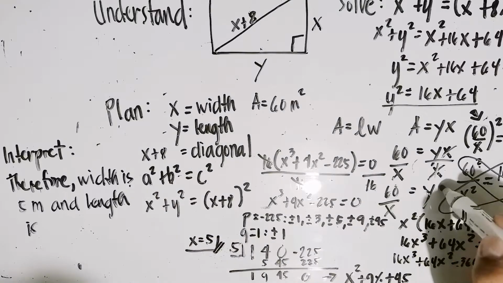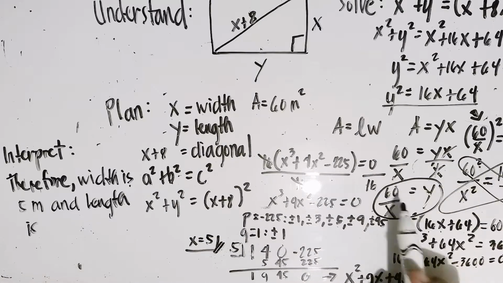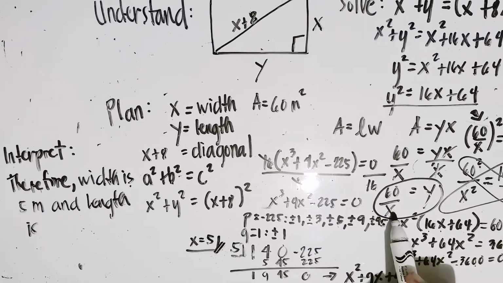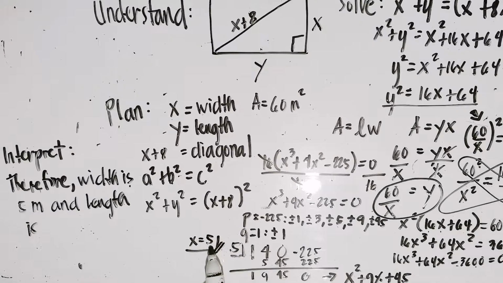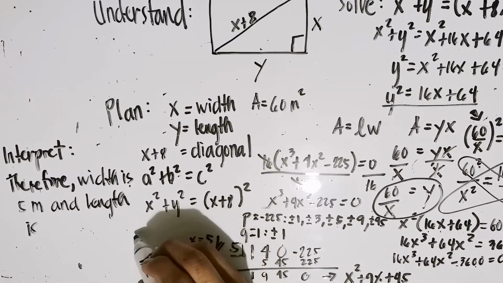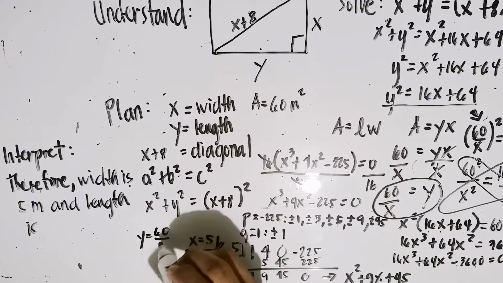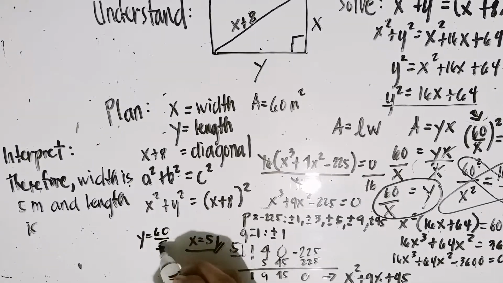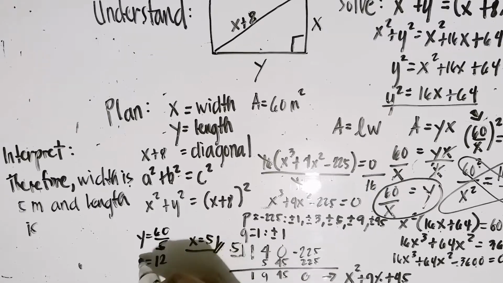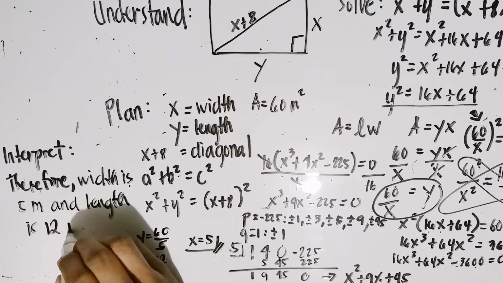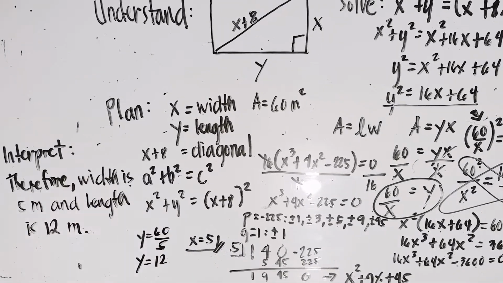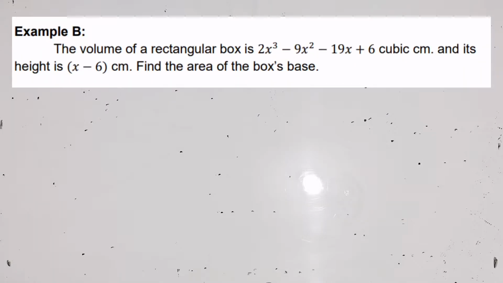And earlier we have solved that y is equal to 60 divided by x. 60 divided by 5, that is equal to 12. Again, y is equal to 60 divided by 5, and that is equal to 12. So y is equal to 12 meters.